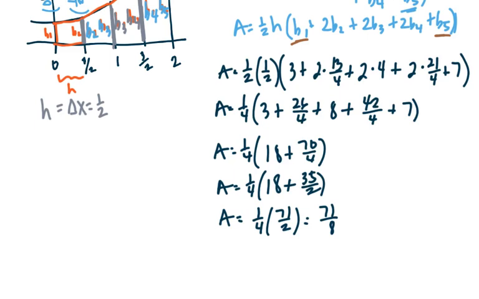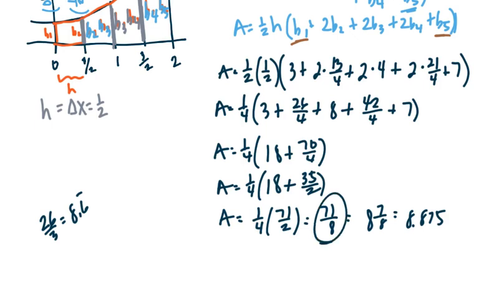That's nearly 9. When we did the real integral, we got 26/3, which is 8.6 repeating. 71/8 is 8 and 7/8, which is 8.875. So we're just a little off, but it's a much closer approximation than we've had up until this point.